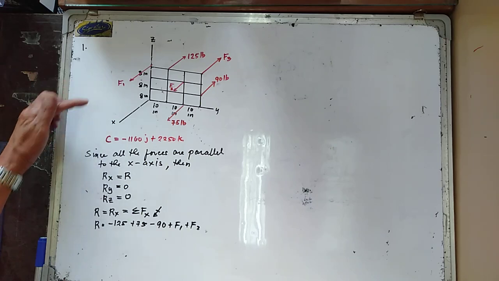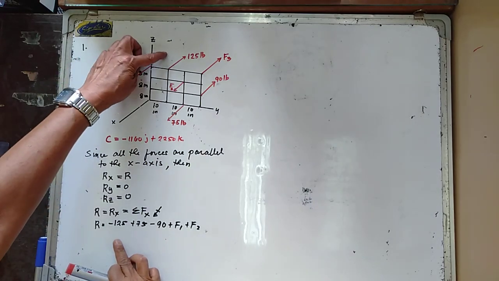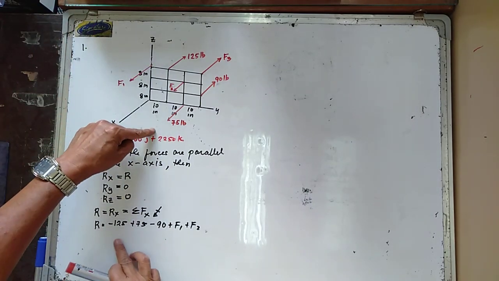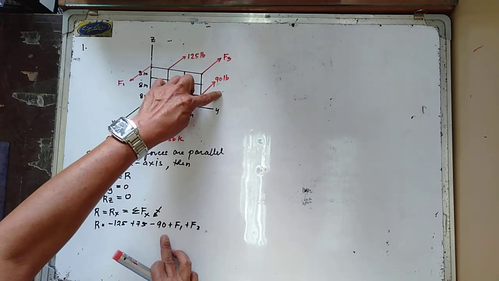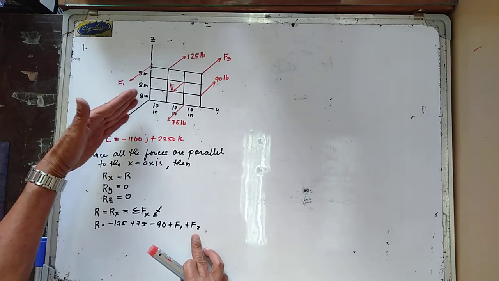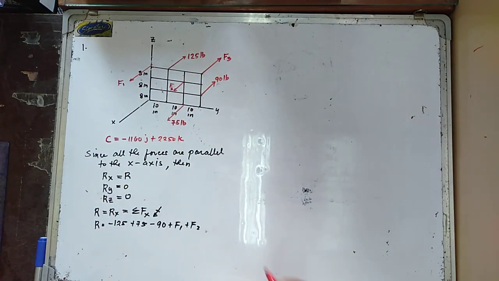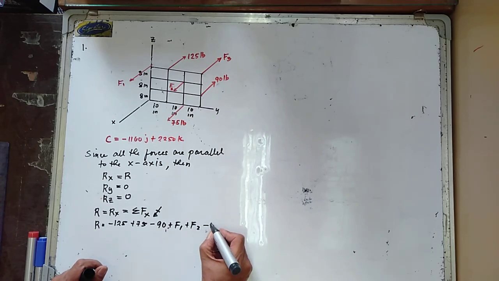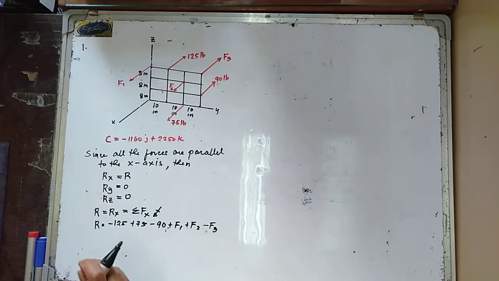So the resultant R is minus 125 plus 75 minus 90 plus F1 plus F2 minus F3.